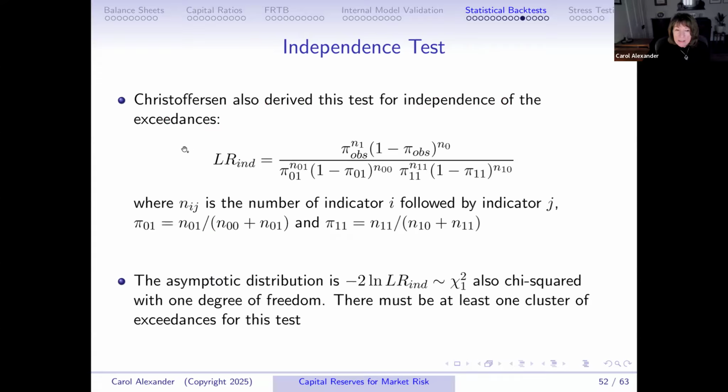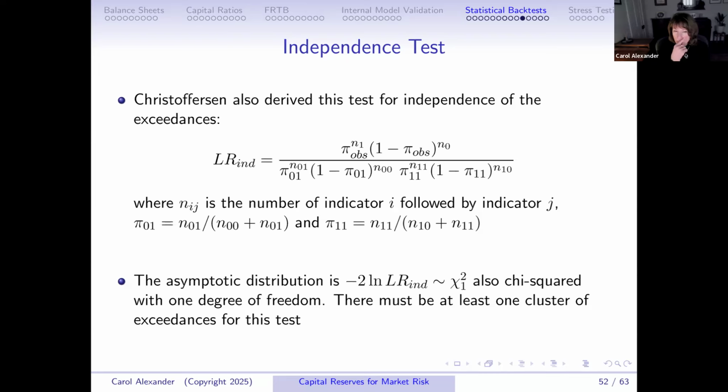So pi 01 is the proportion of times that a 1 follows a 0. Nij is the number of indicator i followed by indicator j.